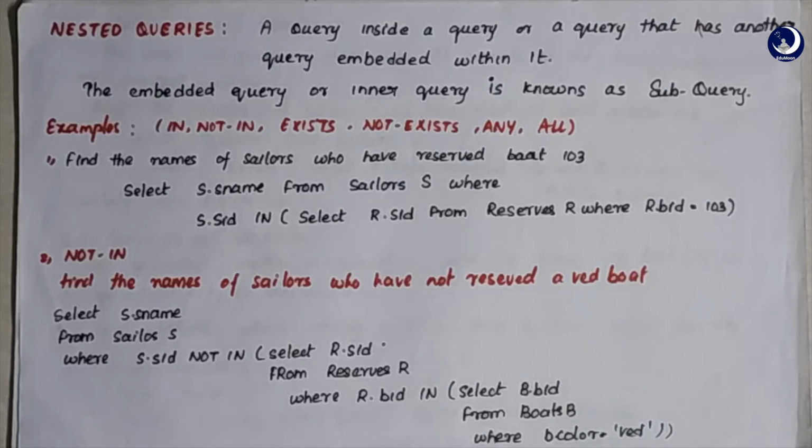I think you understood the flow, or the evaluation strategy, that we used. Let me tell you point-wise. First, obtain the cross product of the tables from the from list of the top query, or the outer level query. Once it is done, for each row, when you're calculating the where clause qualifications, recompute the subquery also.